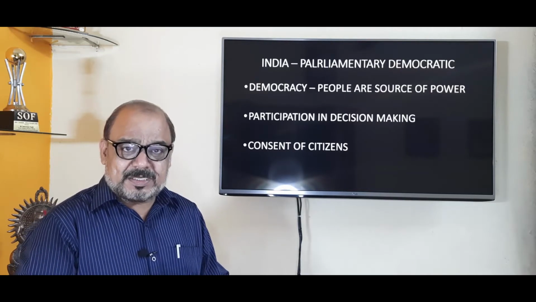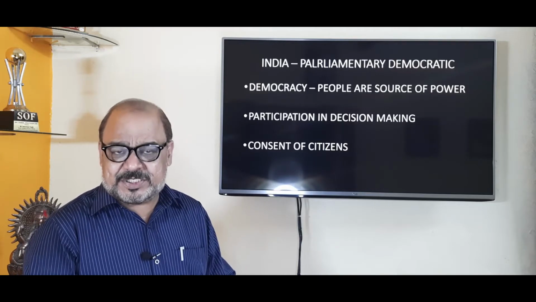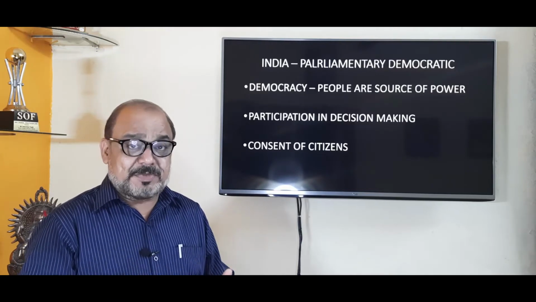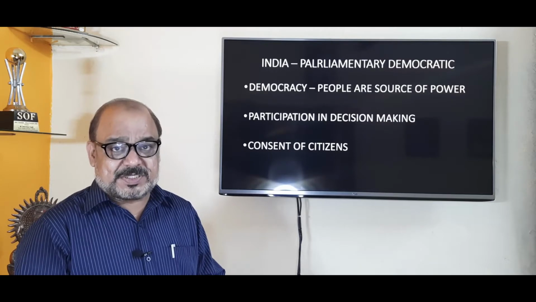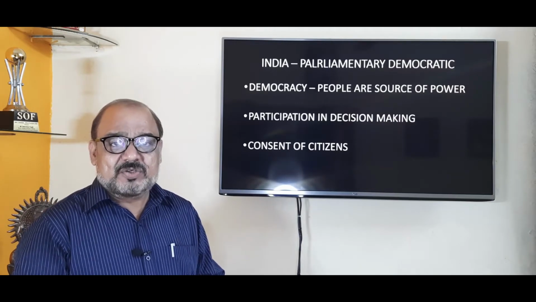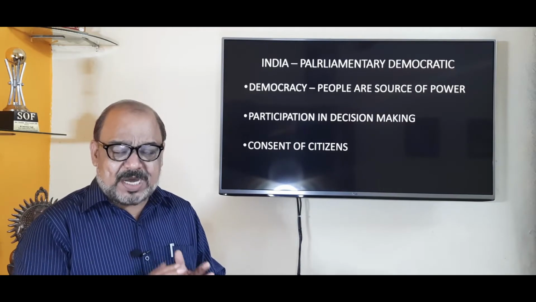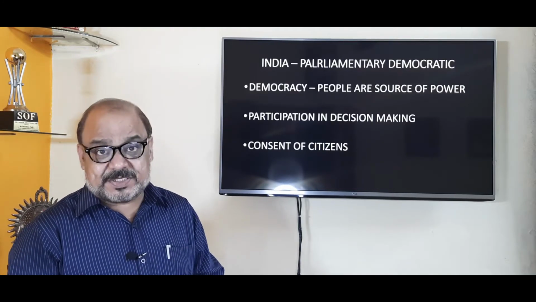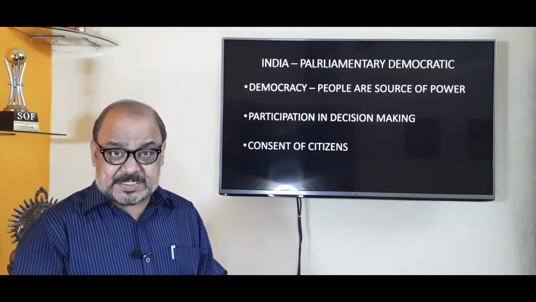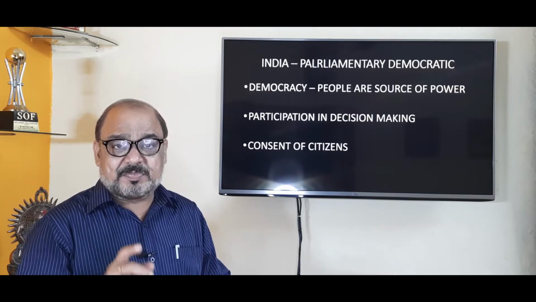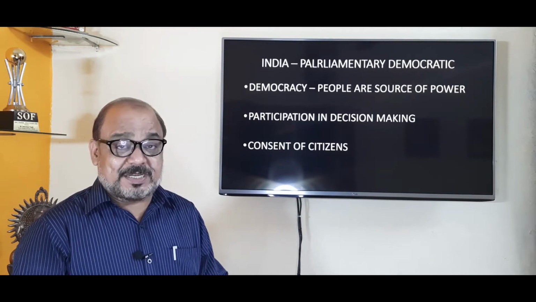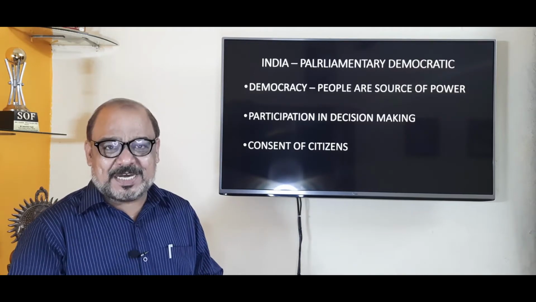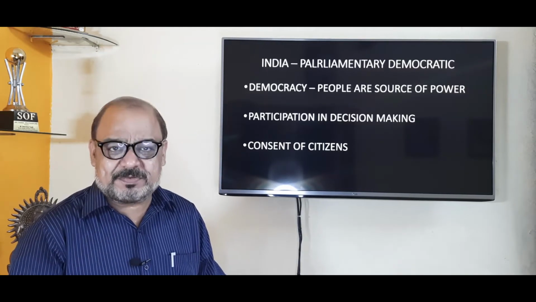So, in the parliamentary form of indirect democracy, two heads are there. One head for the state, the other head for the government of the state. India is, as I said, the parliamentary form of indirect democracy. I hope this much is clear to all of you.